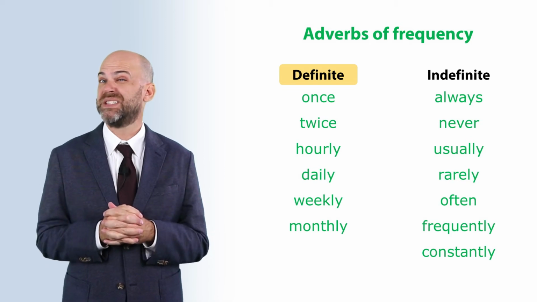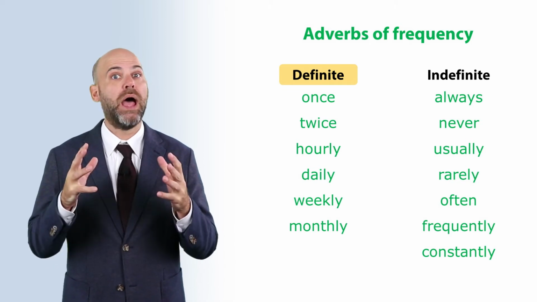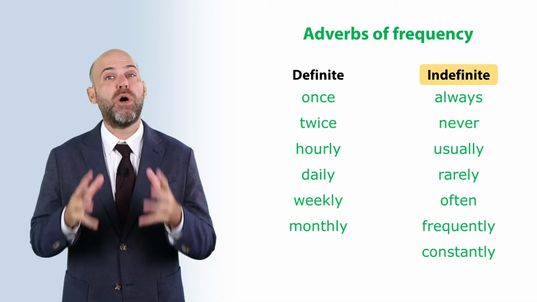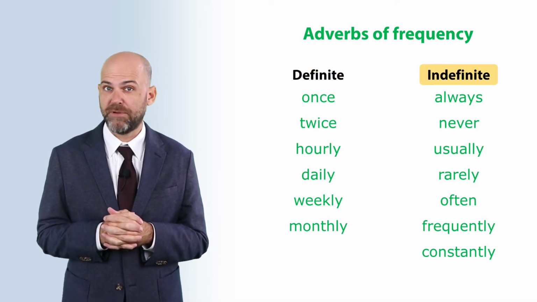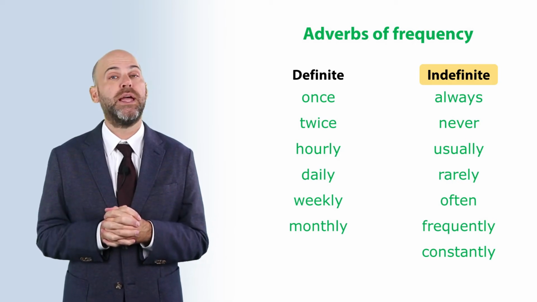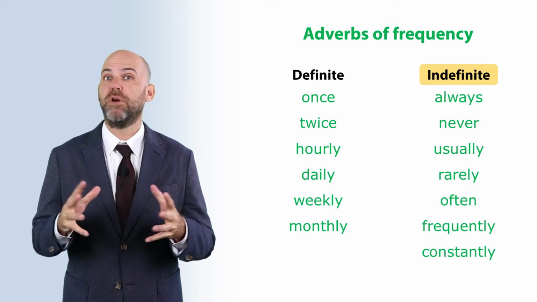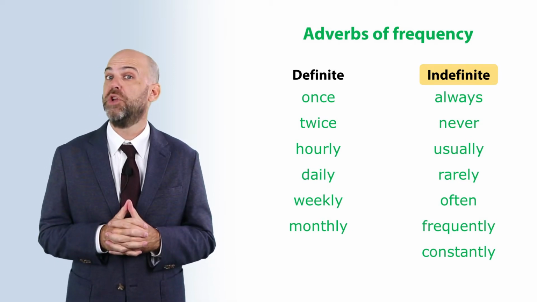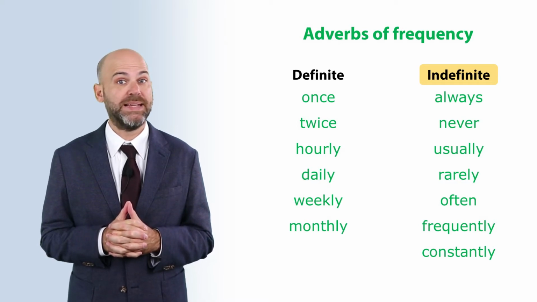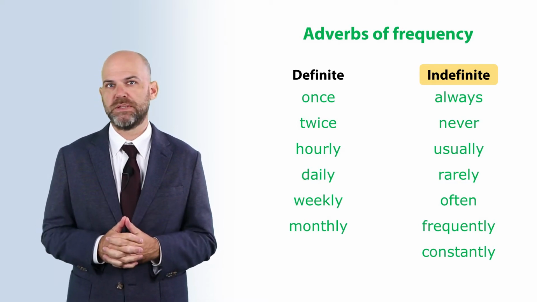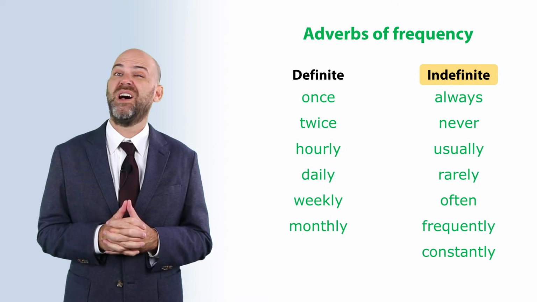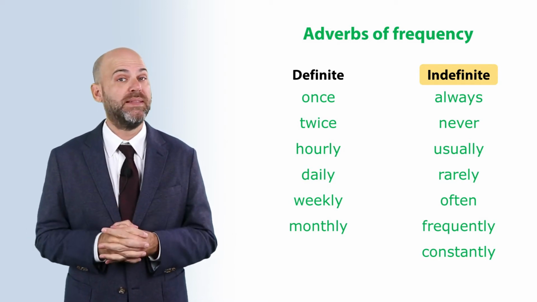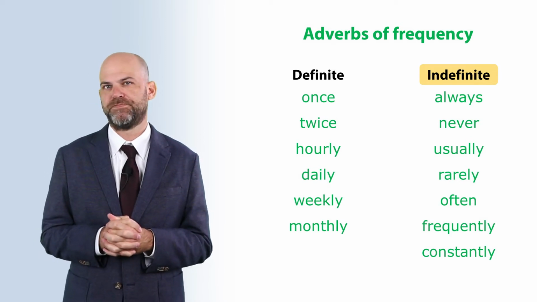These adverbs tell us exactly how often something happens. There are also indefinite adverbs of frequency, like always, never, and usually. These adverbs do not tell us exactly how often something happens. They tell us about how often something happens without knowing the exact frequency.